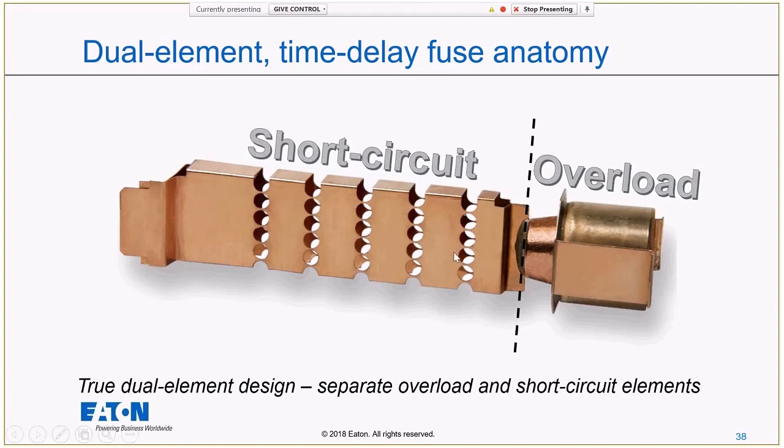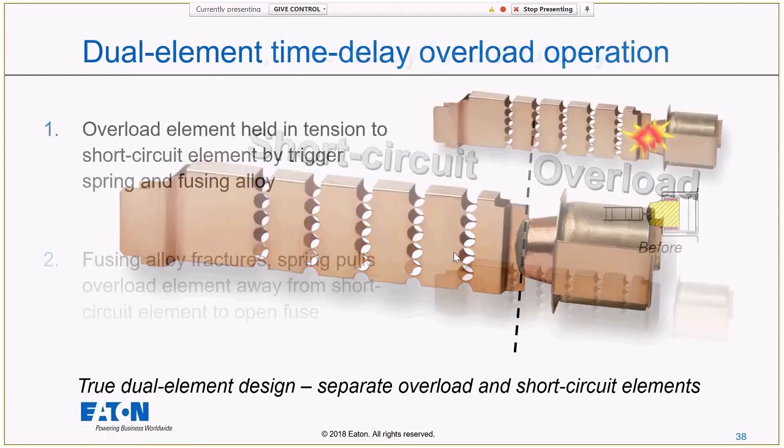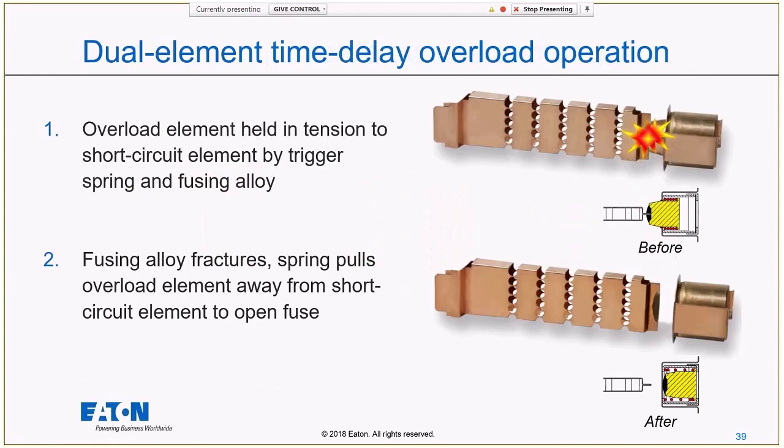And so we'll talk about an overload first. The overload element is spring loaded and then fused with this fusing alloy to my short circuit element. During an overcurrent condition, that fusing alloy will reach a temperature associated with too much current over a specific amount of time.